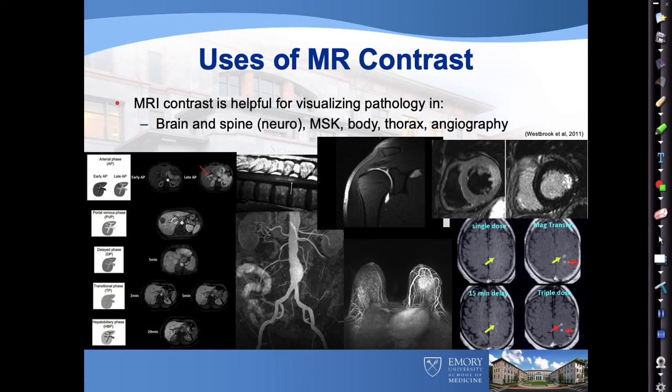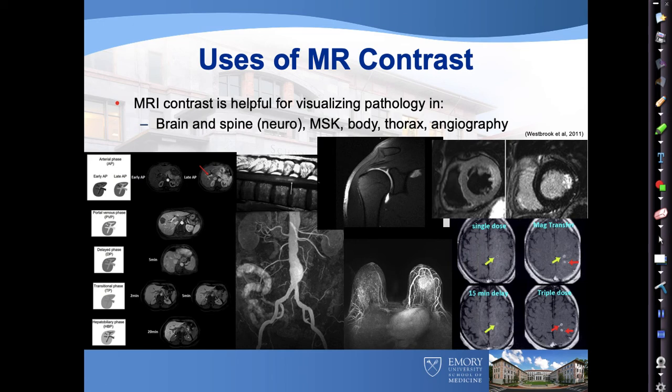With dynamic contrast enhancement, contrast is used to help detect and diagnose liver cancer by using timed administration of contrast, where we're going to be watching the arterial, venous, and delayed phase as we watch that contrast go in and out of those particular organs.